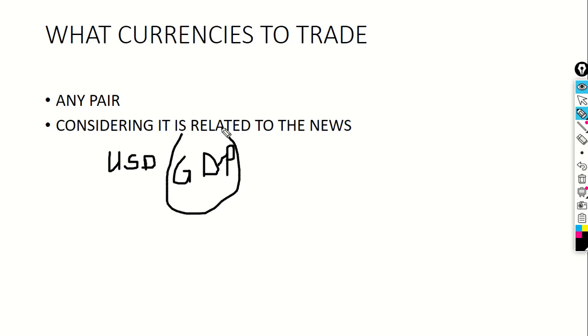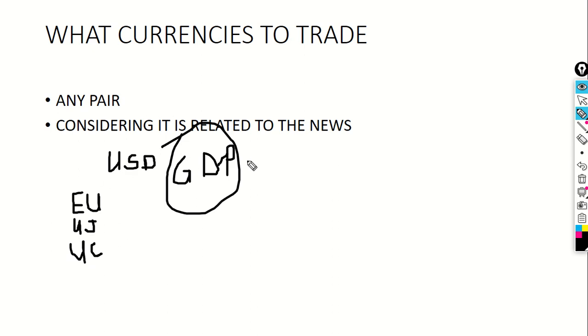It can be a GDP for USD. When the news is for USD, it's written GDP USD, there's a rate. When the news is for USD, you want to trade USD pairs. So you want to have Euro USD, USD JPY, USD CAD. This is what you want to have.